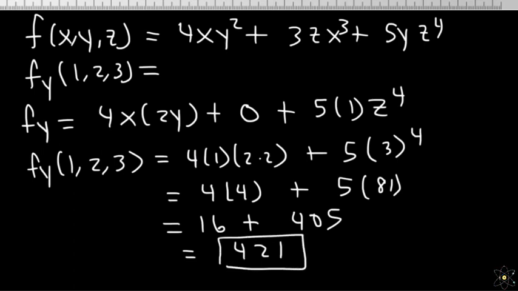So that's the rate of change of the function with respect to y at the point 1, 2, 3. So sometimes you may be asked to identify just one of the partial derivatives at a certain point, and that's how you do it. Now sometimes you may need to find higher order partial derivatives.